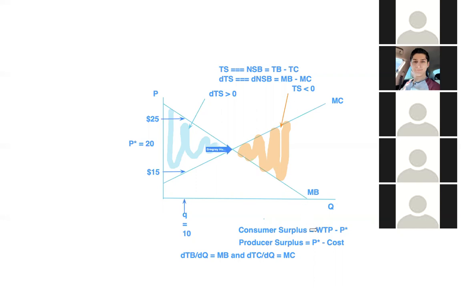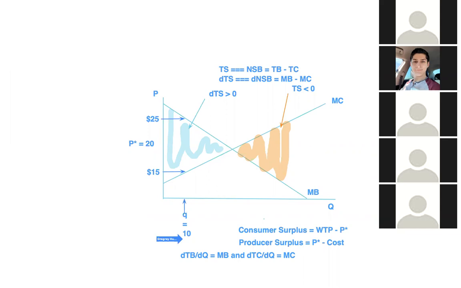What's their willingness to pay? You're getting stuck on Q equals 10. So it would be a different price. Okay, well, think carefully about what you're doing.